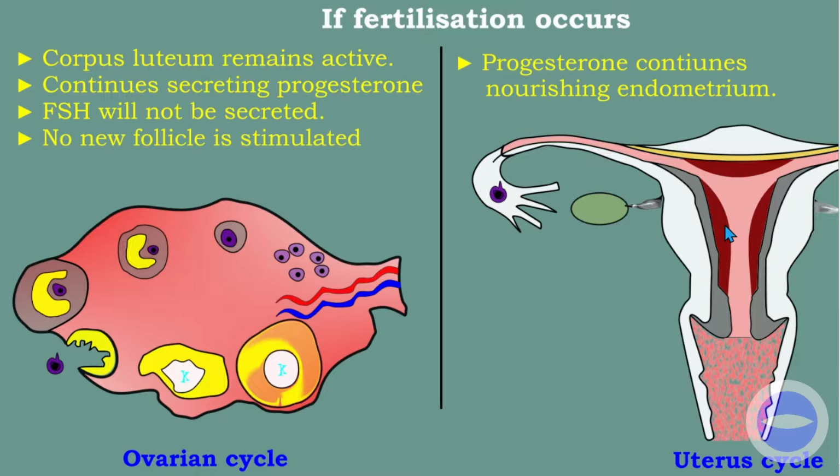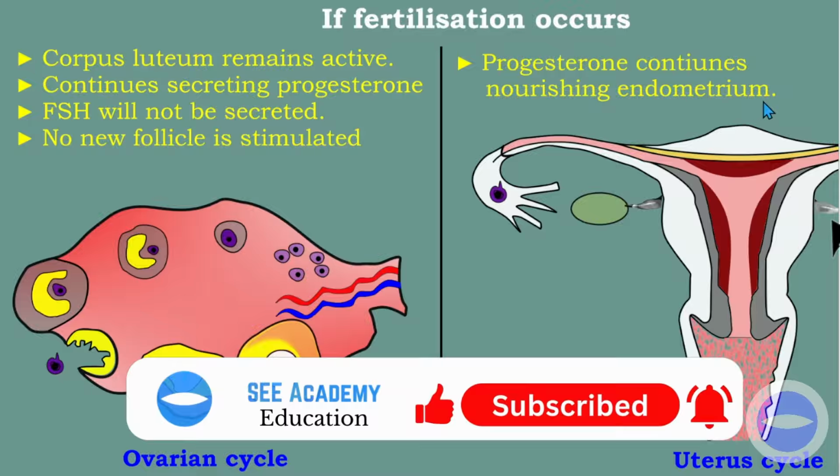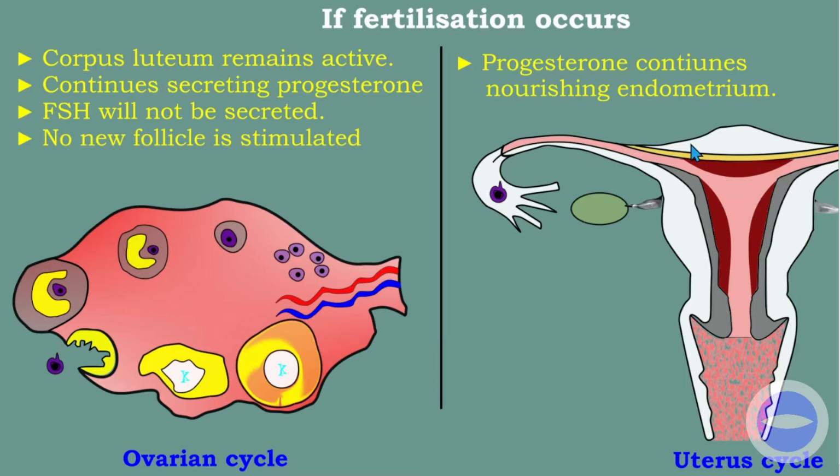We will make a video of what happens with fertilization and implantation, which I think is going to be our next video. I will teach you about fertilization and then implantation. So now the progesterone continues nourishing the endometrium, so this endometrium will stay intact if fertilization occurs.